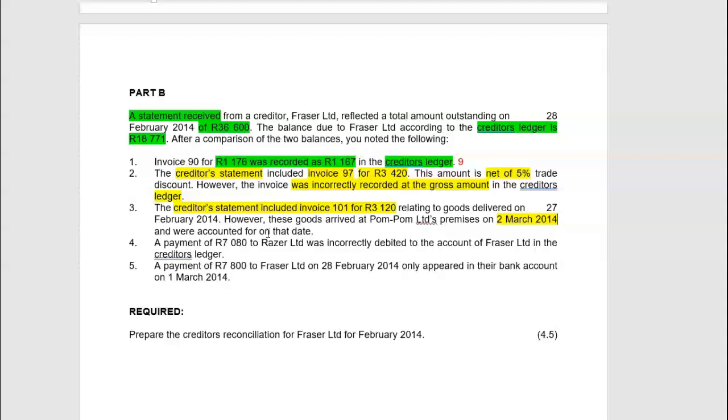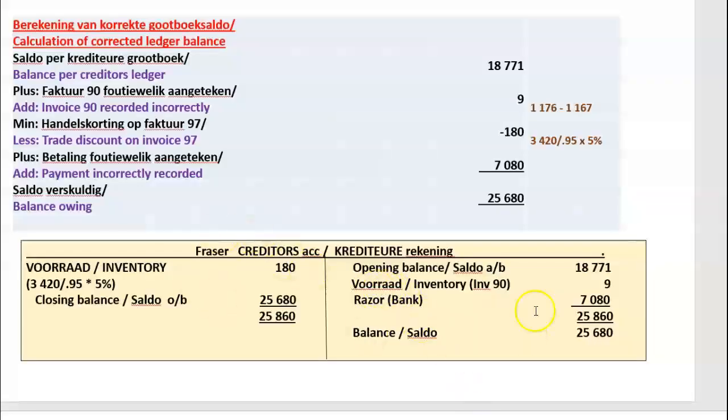So what am I going to do? I'm not going to record that transaction until such a date that I actually receive these goods. So it was 100% correct that I only accounted for those goods on the 2nd of March. However, meantime, back at the ranch, the creditor has already recognized that invoice on his statement. So the first thing that you should know is that I'm not going to adjust my records for that amount because I haven't received the goods as yet.